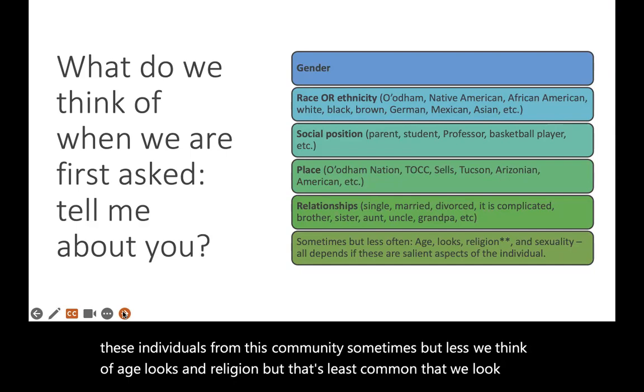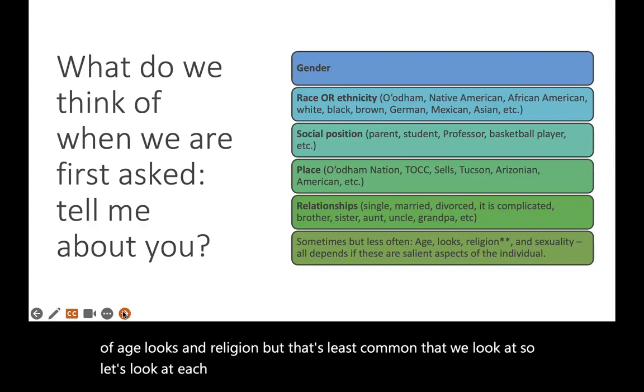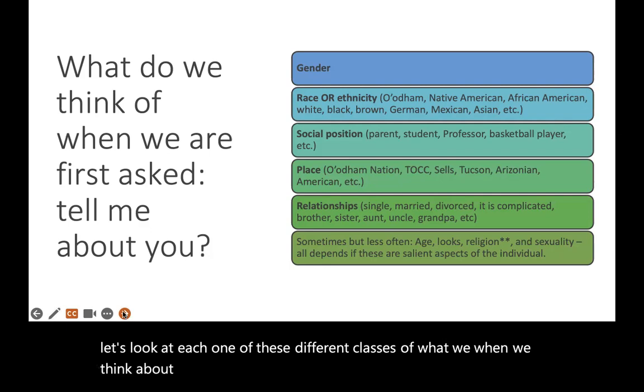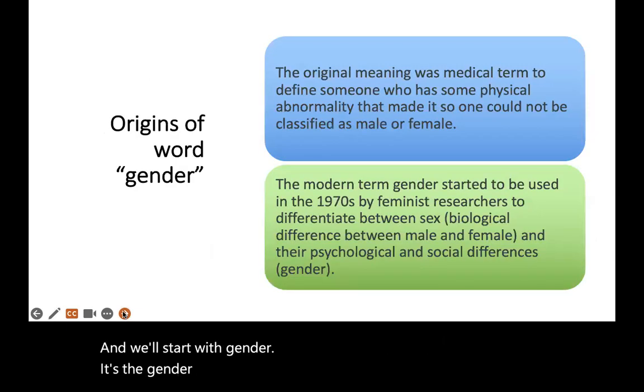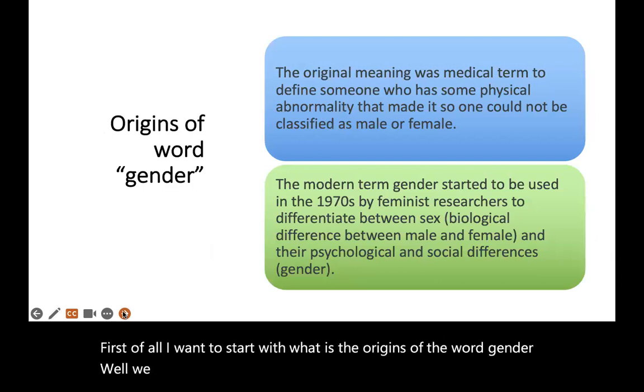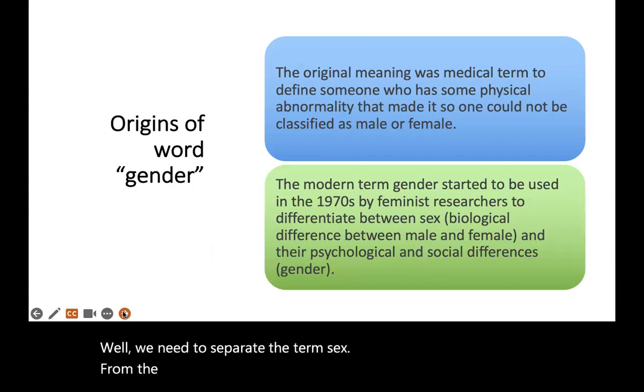So let's look at each one of these different classes of when we think about ourselves. And we'll start with gender. It's the gender talk. First of all, I want to start with what are the origins of the word gender? Well, we need to separate the term sex from the term gender, okay?